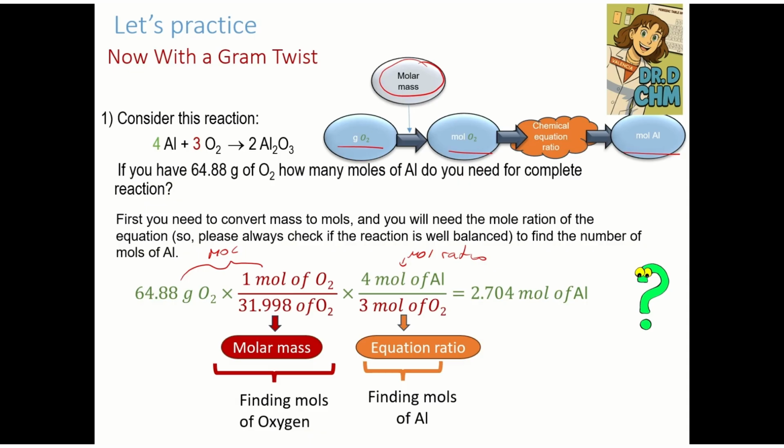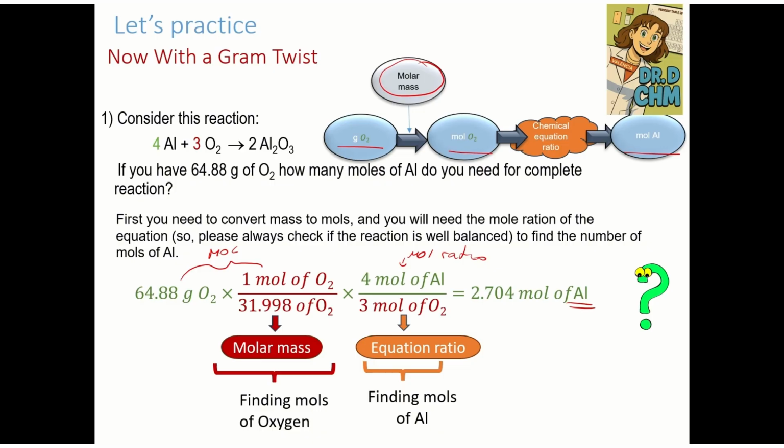Good? If they ask you, okay, I need grams of aluminum now, the only thing that you would need here is the molar mass of aluminum to find grams. Okay? So there will be more videos to practice those kinds of problems in stoichiometry, and I really suggest that you watch those videos.